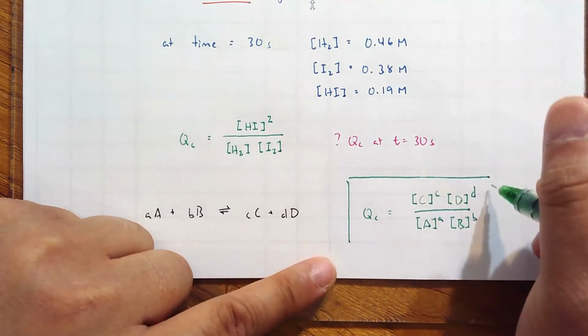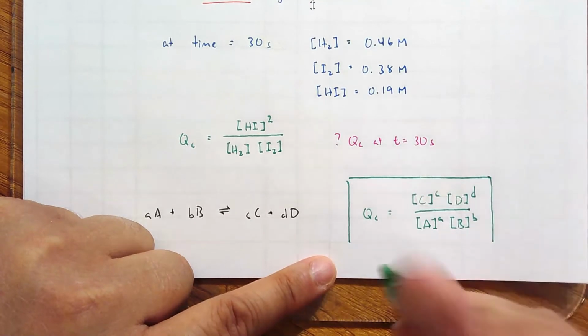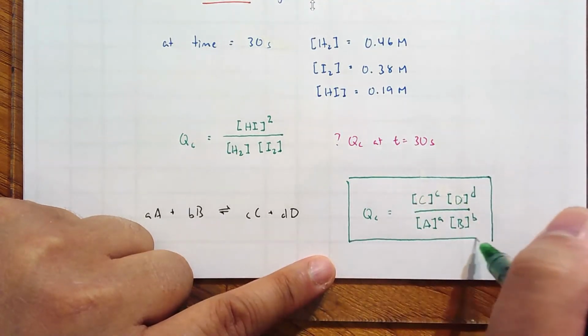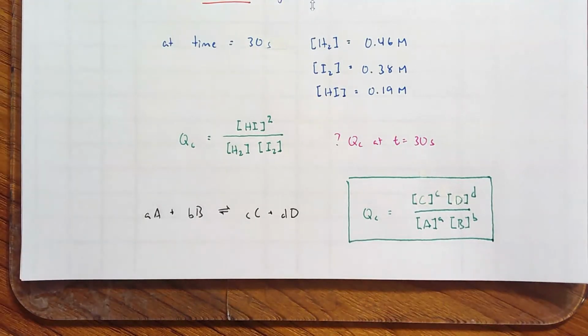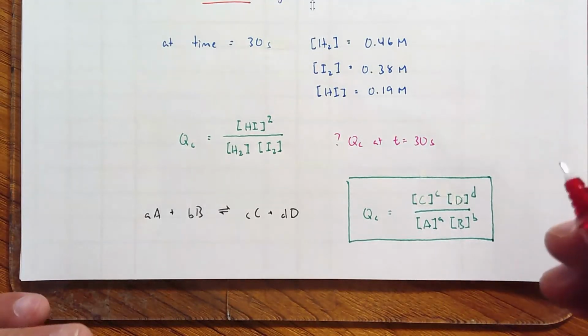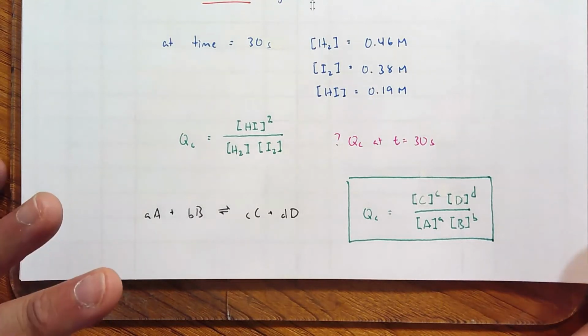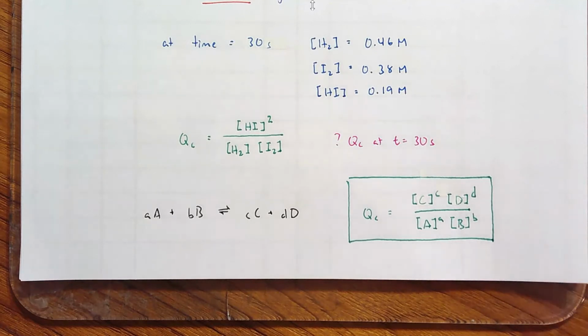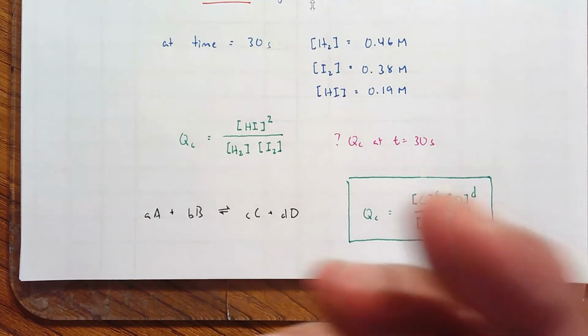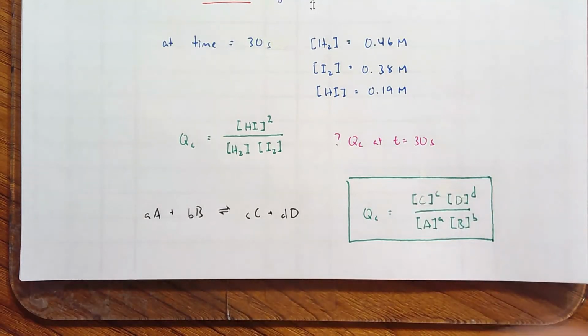I'm not going to explain it here, but the other thing is that these are concentrations. We could get concentrations for something that's a gas, just take moles divided by volume, and we could get a concentration for something that's dissolved, and most likely it's going to be dissolved in water, so it's going to be aqueous. We can't really get a concentration for a pure solid, because it's not a solution, or a pure liquid.